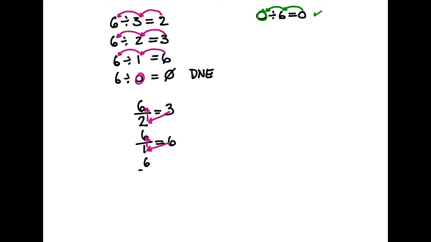And now 6 divided by 0, there is no number that you multiply by 0 to get 6, because anything times 0 is 0. So in this case, there is no solution again. So 0 on the bottom doesn't work. Does 0 on the top work? 0 divided by 6 this way, does that equal 0? Let's double check. 0 times 6 does equal 0, so that one works.